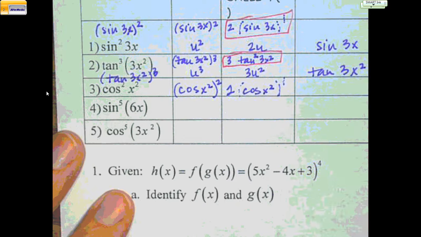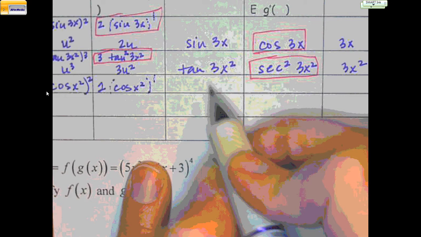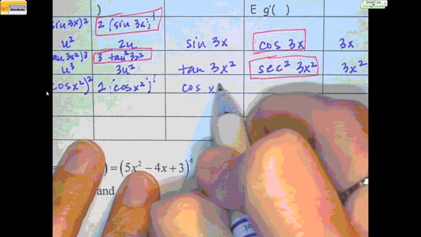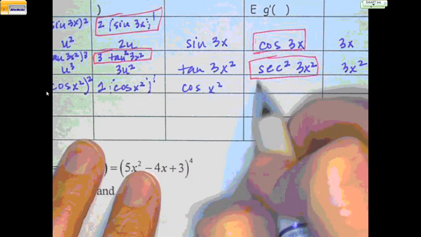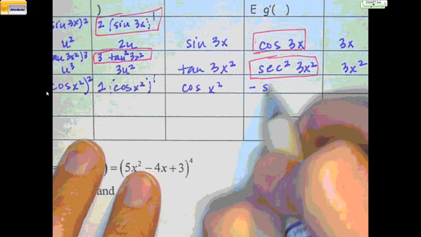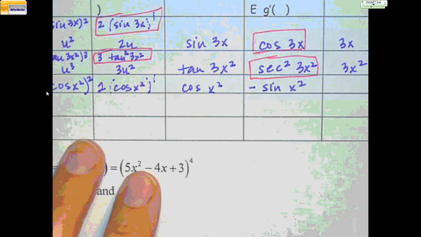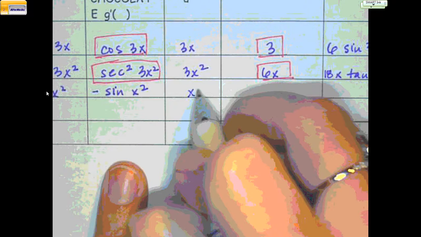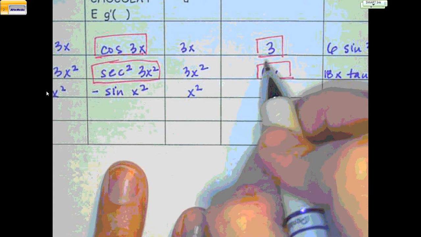You just don't have to write it. So then my next layer, my next function, is on the inside, and it's cosine of x squared. The derivative of that would be negative sine of x squared. Then my innermost function is just the x squared, and the derivative of that is 2x.